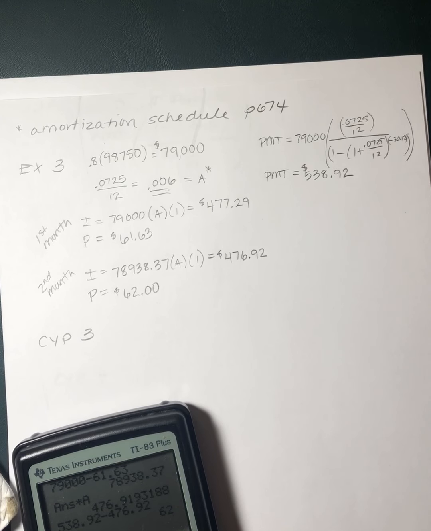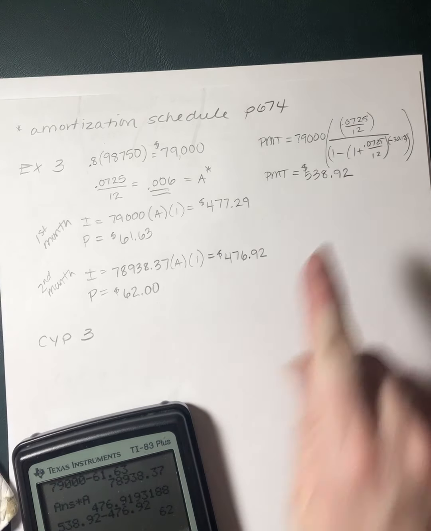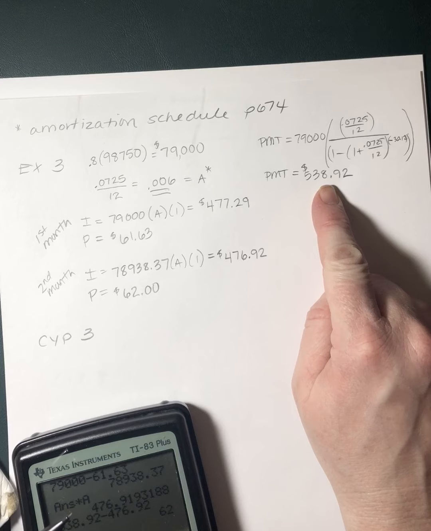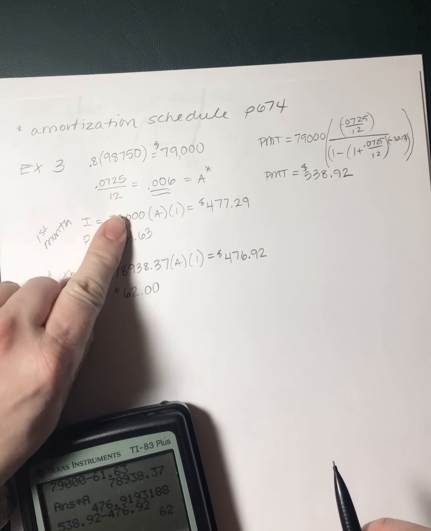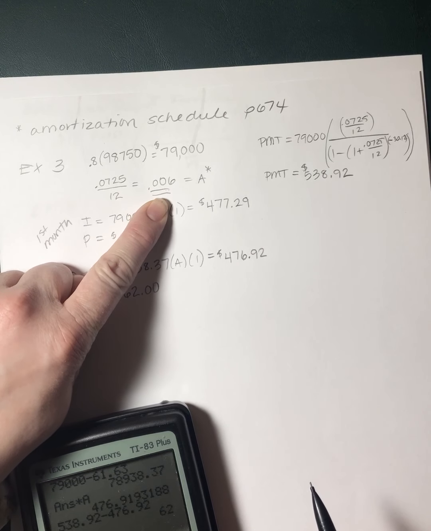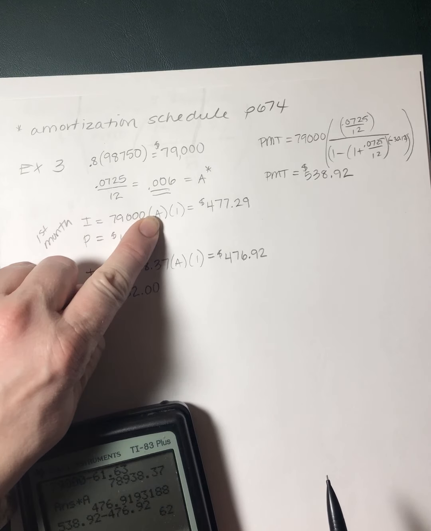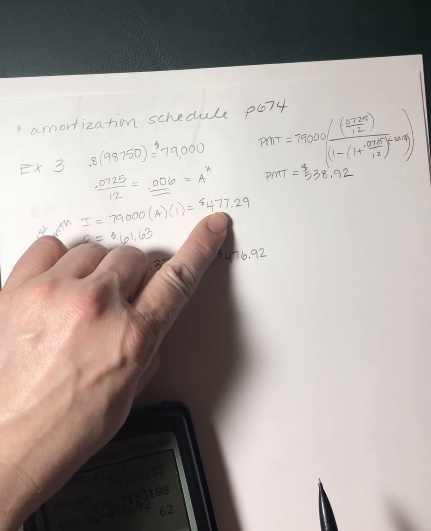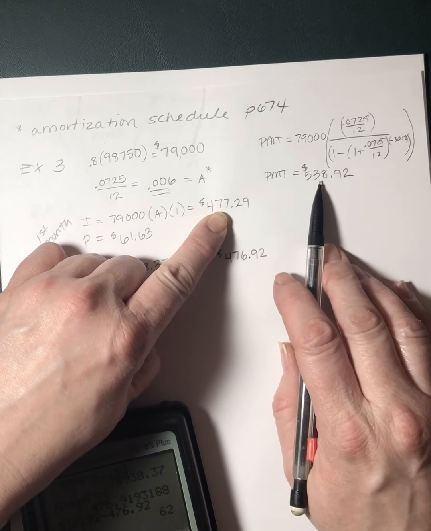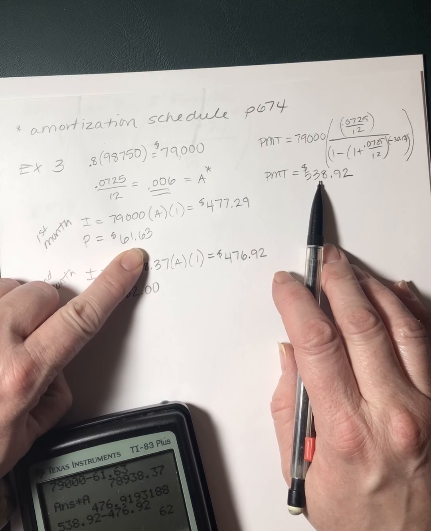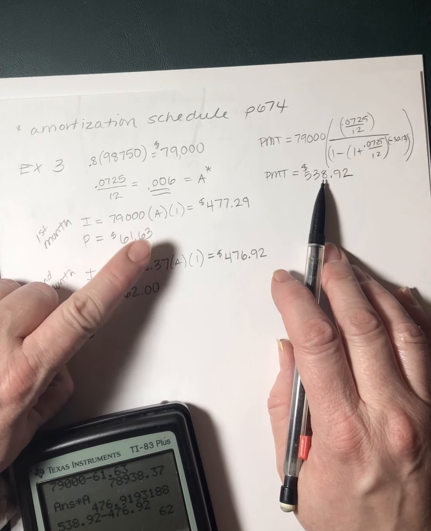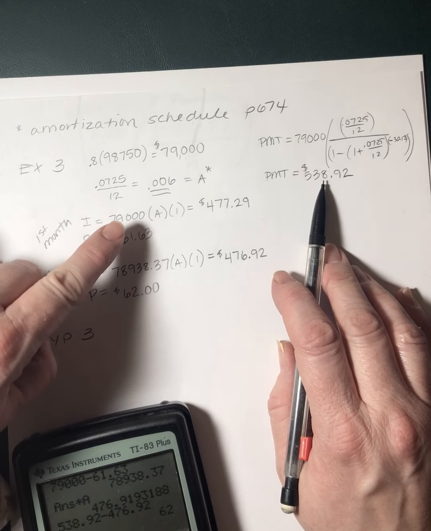Okay, so you need your payment. You need to calculate what the interest is per month. And then you do simple interest. That gives you your interest. You subtract it from your payment to find your principal. That's how much comes off your loan.